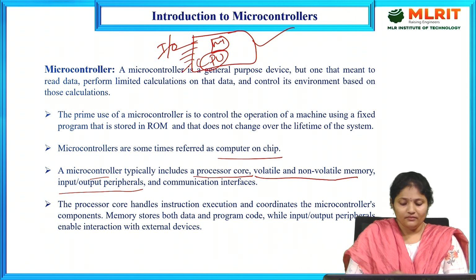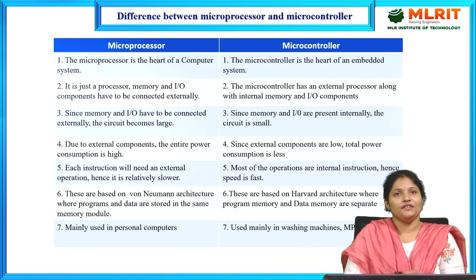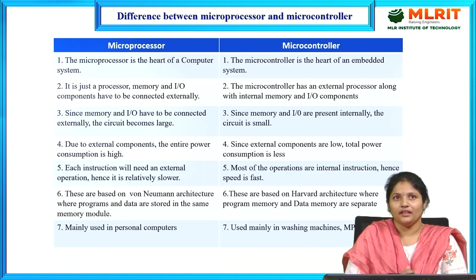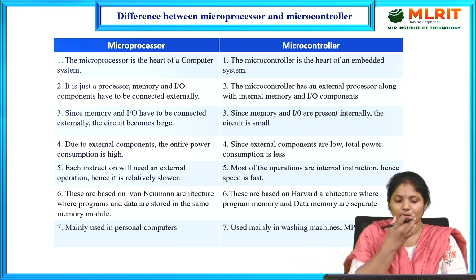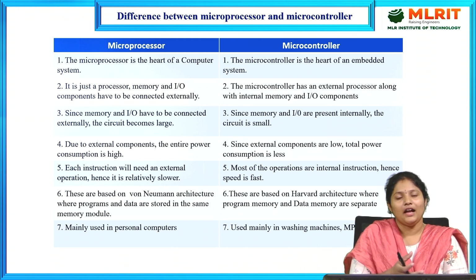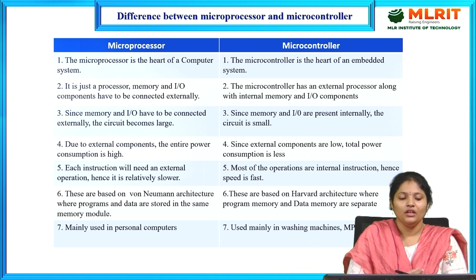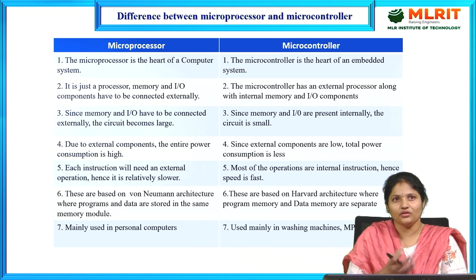So coming to the difference between the microprocessor and the microcontroller. You can say that a microprocessor is the heart of a computer system, because without a processor you are not able to perform any operation. Without a processor there are no applications, no software, no programs, anything.